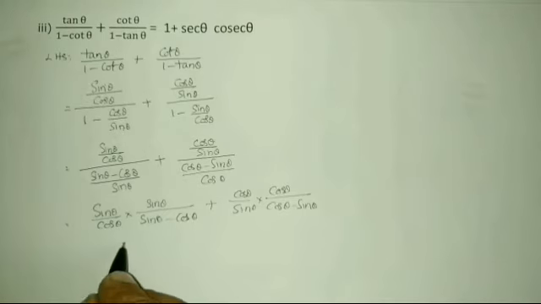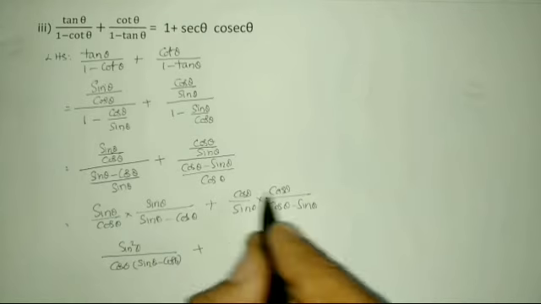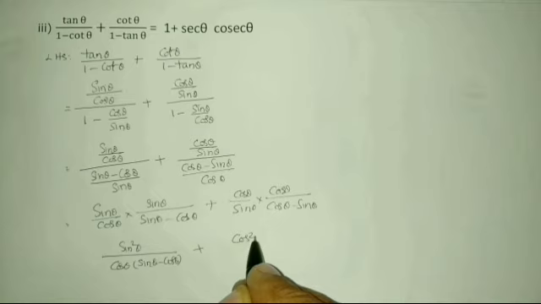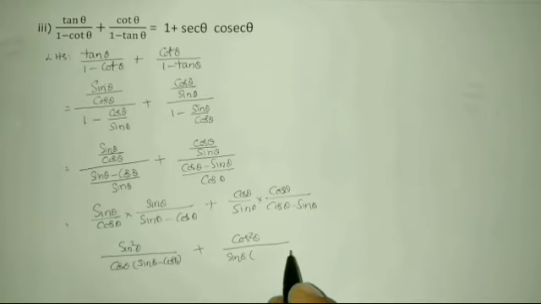Sin theta into sin theta, sin square theta by cos theta into sin theta minus cos theta, plus cos theta into cos theta, cos square theta by sin theta into cos theta minus sin theta.